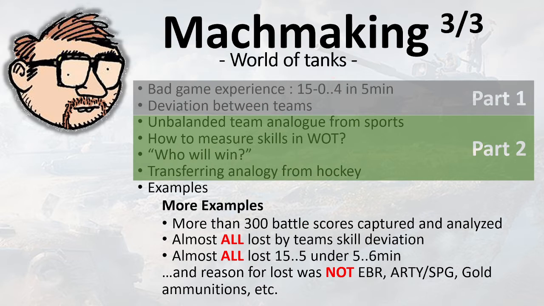Gold ammunition, no, both teams have it, and so on. These are the things we went through earlier. So the main thing we can find out is that this team skill deviation is the reason.